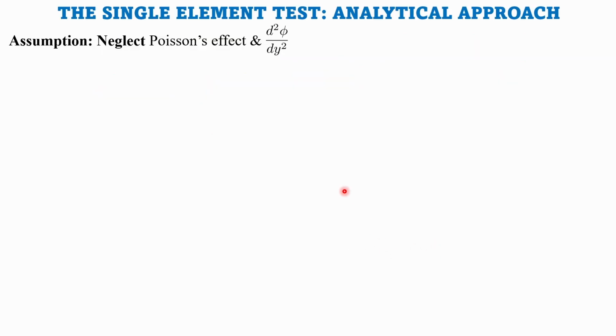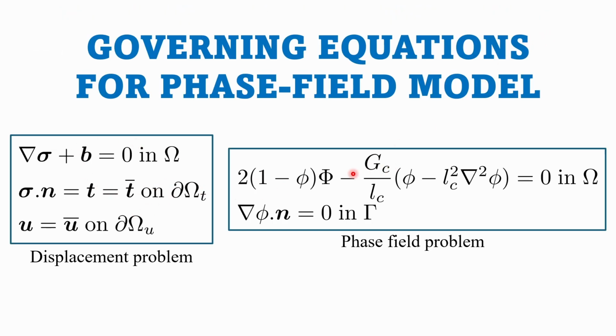Now we start with the single element test, or the analytical approach. If you have these equations in a one-dimensional setting, you can of course solve them to get your displacement and your phase field, correct? So that is what we will do.